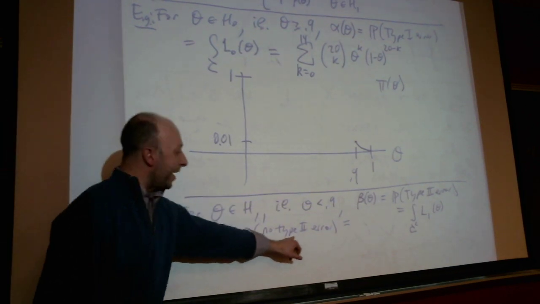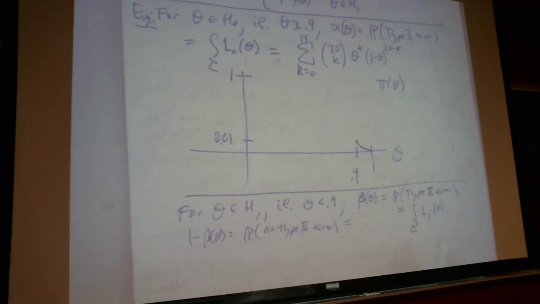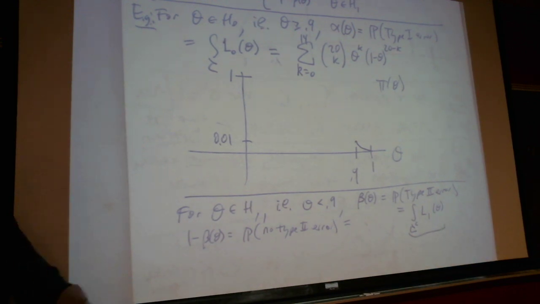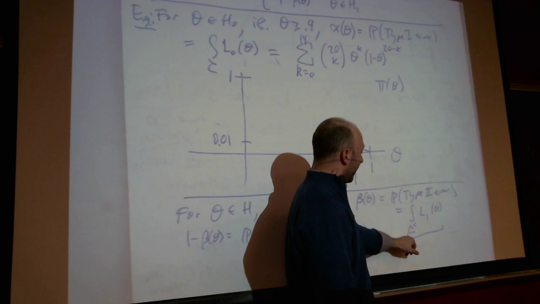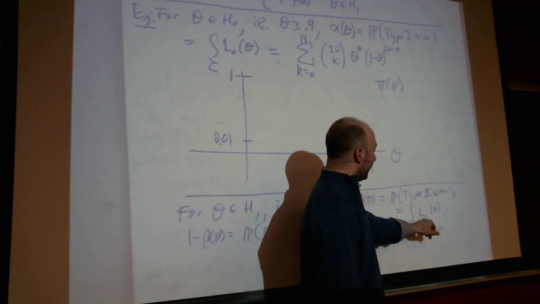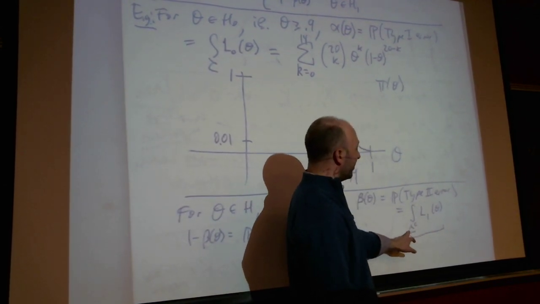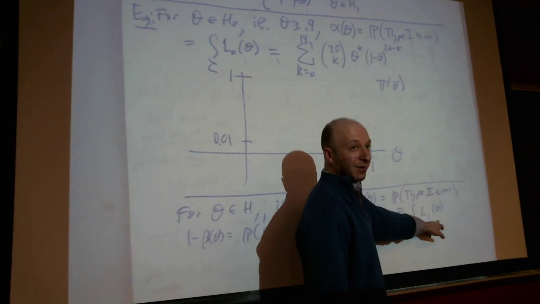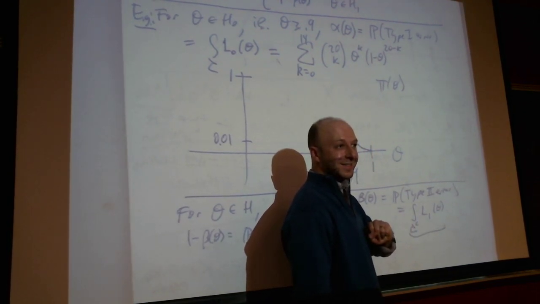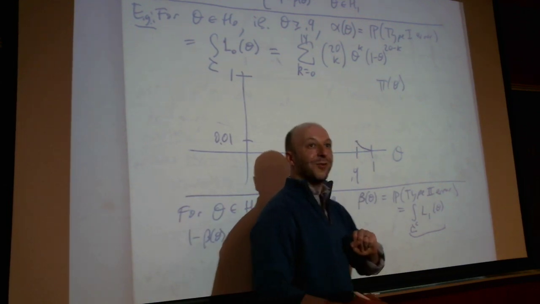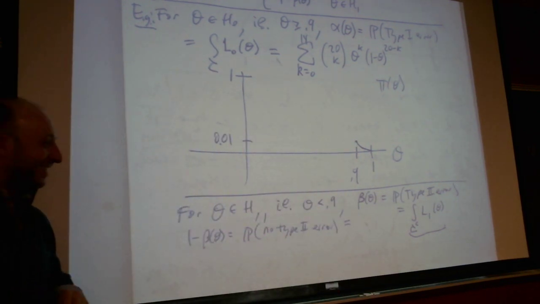And so 1 minus beta, well, the likelihood function is a probability distribution. It's a probability density. And so the integral over all possible outcomes of this thing is one. Right?